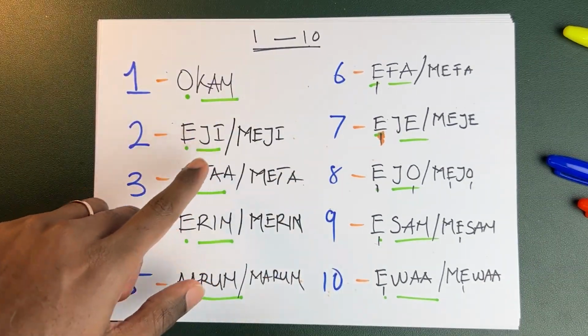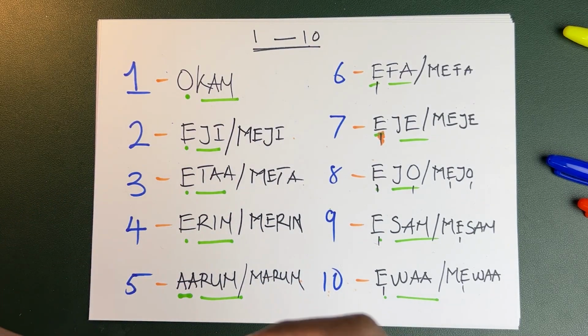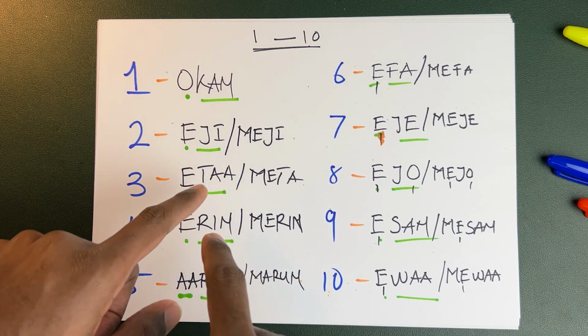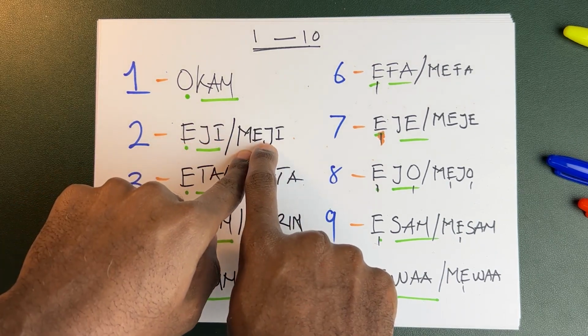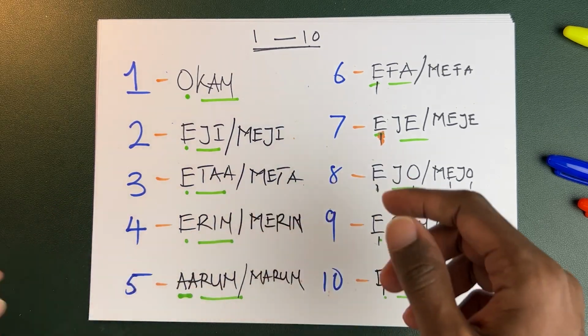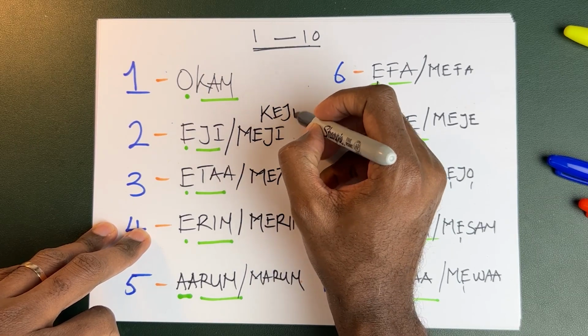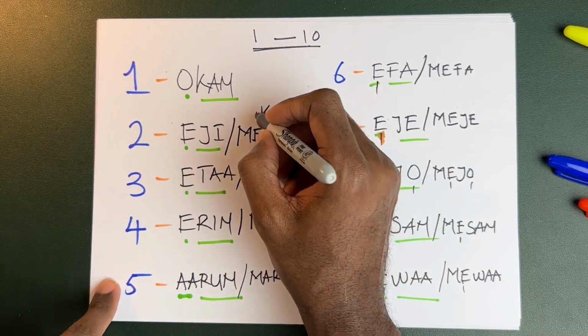And why I say that is there are instances where you're not talking about numbers as regards position. It's not Èjì, it's not Méjì, it's now a K. It becomes a K. Actually, it's Ìkejì.